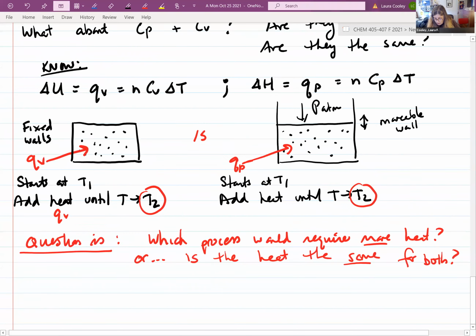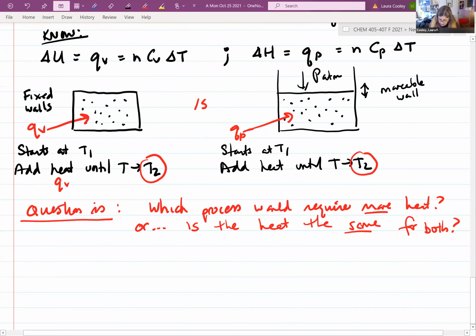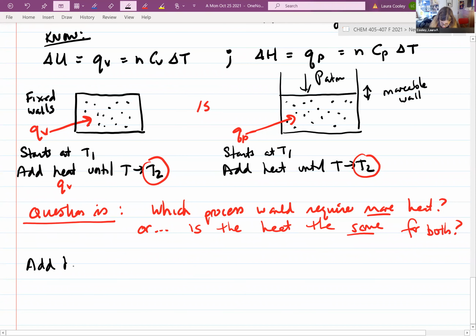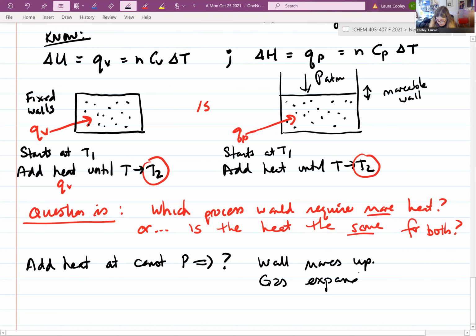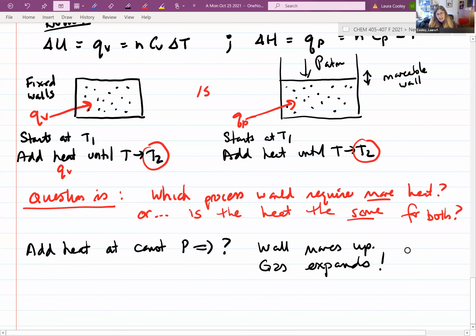So let's think about what happens when we add this heat. When we add heat at constant pressure, in addition to increasing the temperature, this piston is going to move up, right? The wall moves up. The gas expands. Well, in terms of energy, that's doing work.